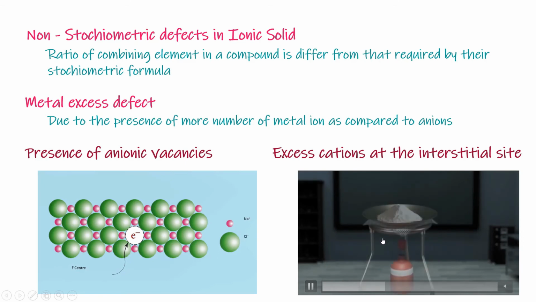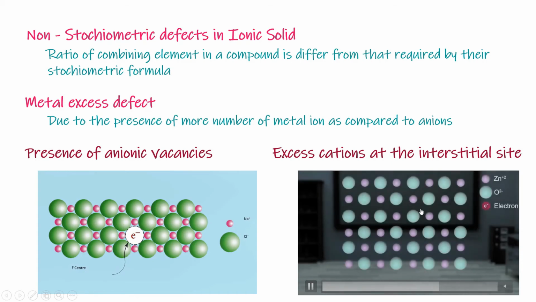For example, zinc oxide is a white crystalline solid. When heated, this zinc oxide loses its oxygen and turns yellow. Now see the equation: on heating zinc oxide, zinc loses its 2 electrons and becomes Zn2+ plus half O2 plus released electrons. Now these Zn2+ ions get trapped in the crystalline solid and occupy the interstitial position.